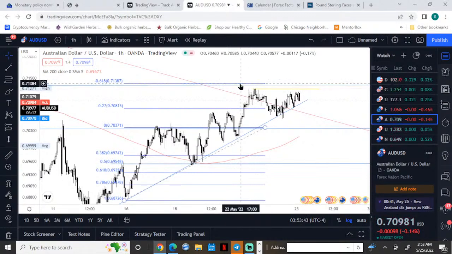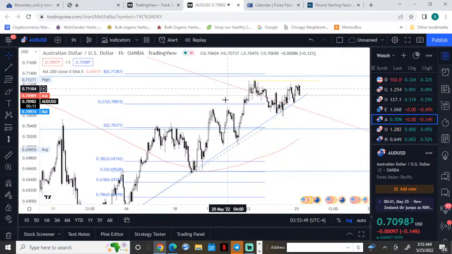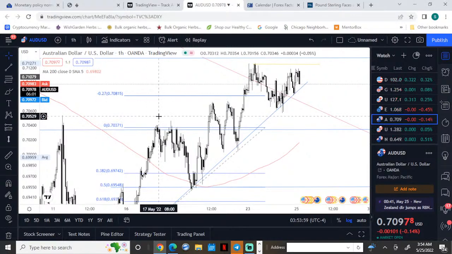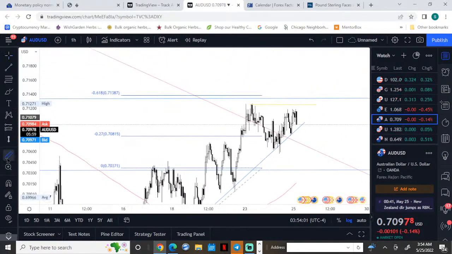This is what I was saying about the 618, how it can come close sometimes. Sometimes it'll completely shoot 100 pips past the 618. Sometimes it'll come to the 618 and reverse. Sometimes it barely comes to the 618 and reverses. And AU, this is a perfect example.